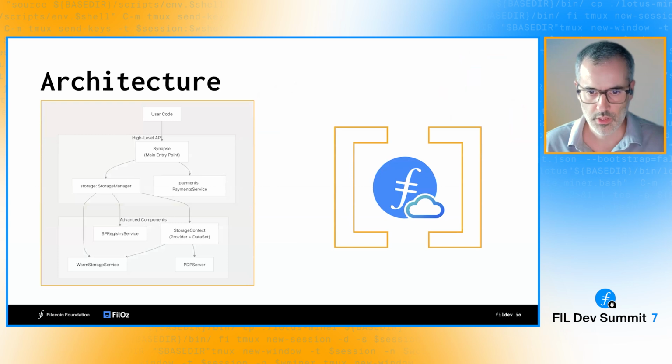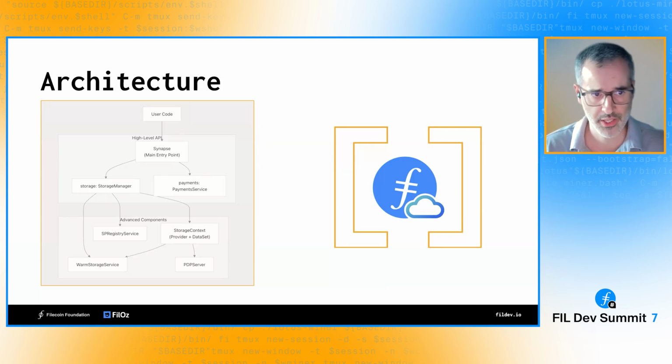So let's look a little bit into this diagram, which represents the internal architecture of the SDK. We have our main entry point, which is Synapse, that exposes two things. The first one is storage, and the second is payments.